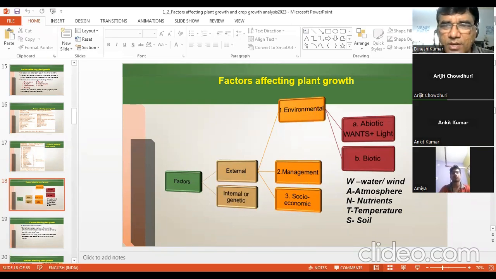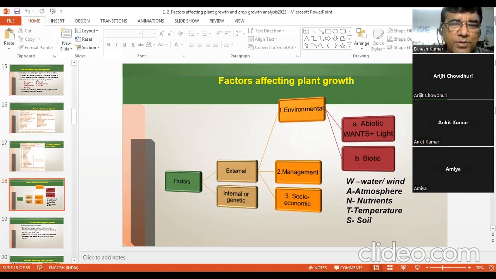Yes, sir. Okay. So abiotic factors are plants WANTS plus light. So W is for water or moisture, or it can be for wind also. Then A is for atmosphere. Here atmosphere means atmospheric gases. N is for nutrients, T is for temperature, and S is for soil. So these are the important abiotic factors.